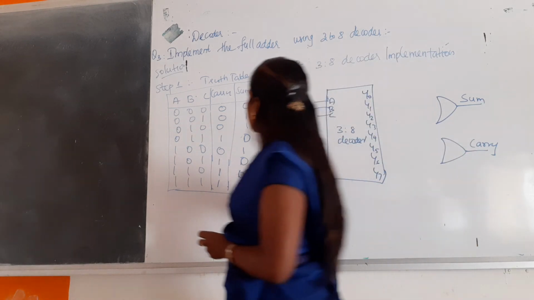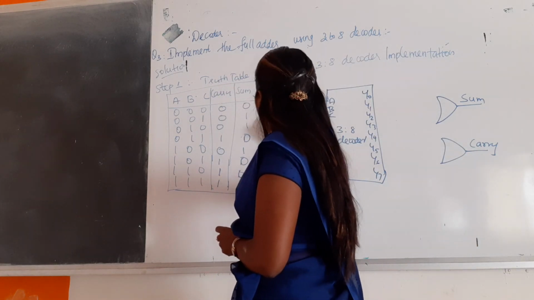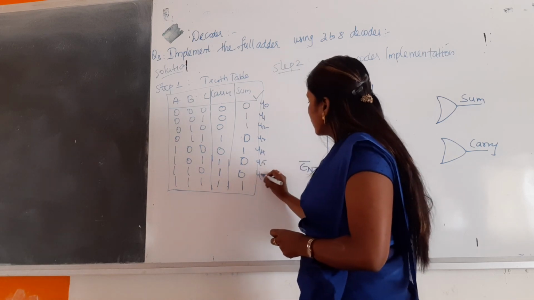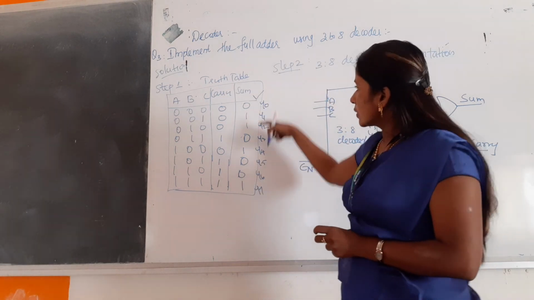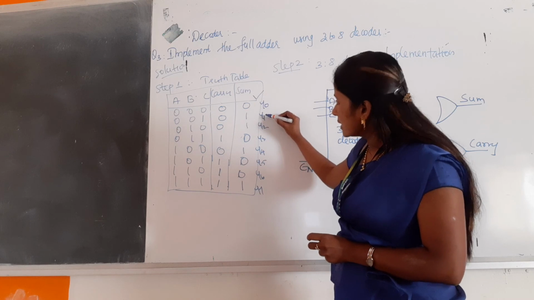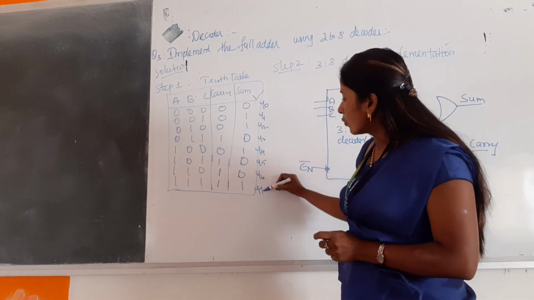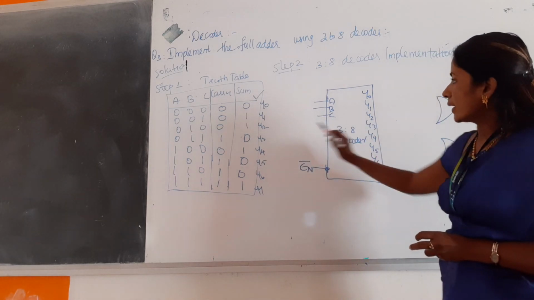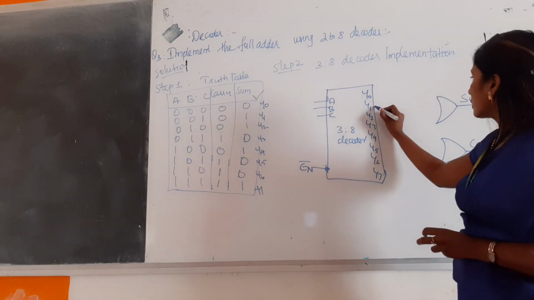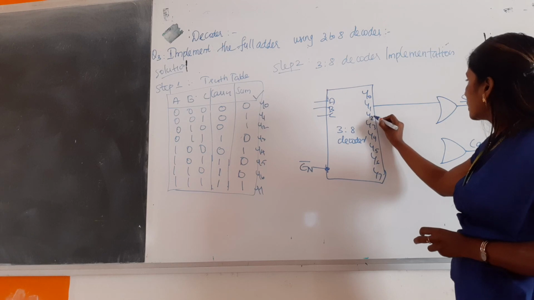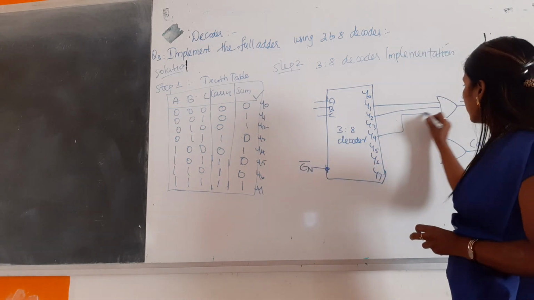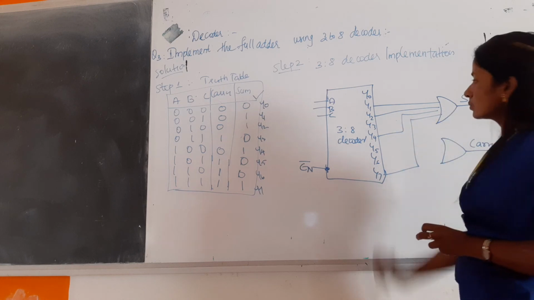So first I will do for sum. Sum. This is y0, y1, y2, y3, y4, y5, y6, y7. So in sum I have 1 for y1, y2, y4, y7. So all the ones I should connect to the OR gate. So y1, y2, then y4, y7.